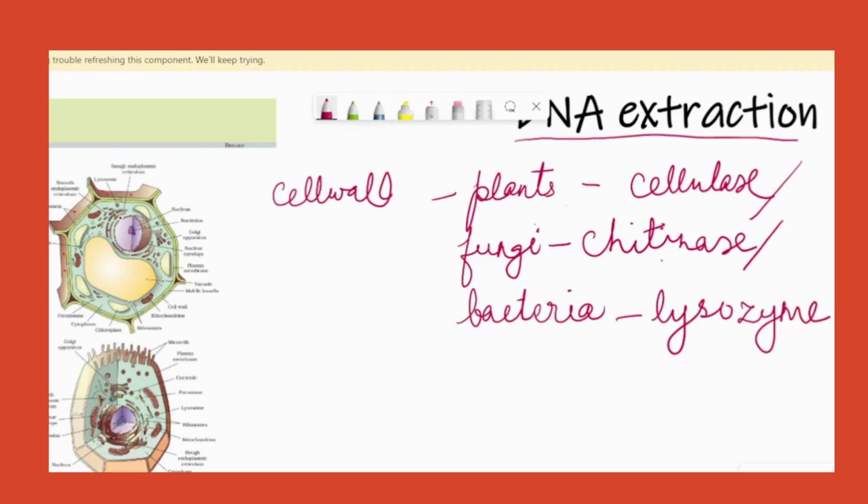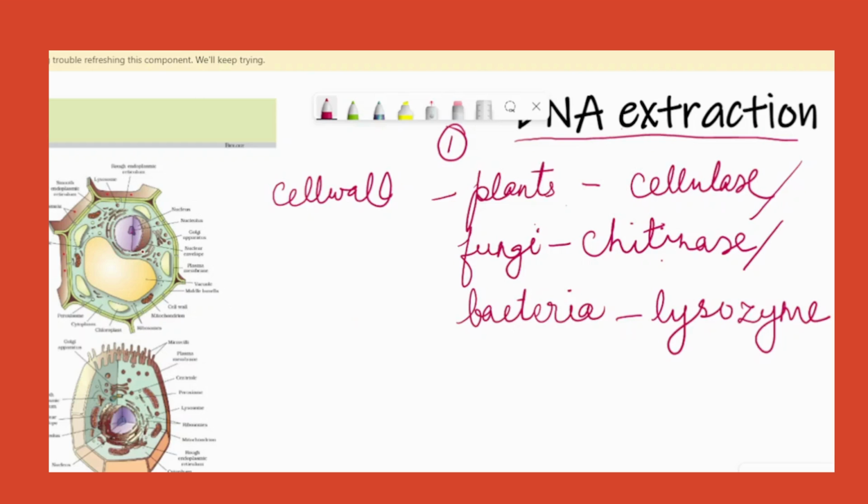Depending on the organism from which we are extracting the DNA, in which our gene of interest is present, the first step is the addition of any one of these enzymes. Done? So we've gotten rid of that.